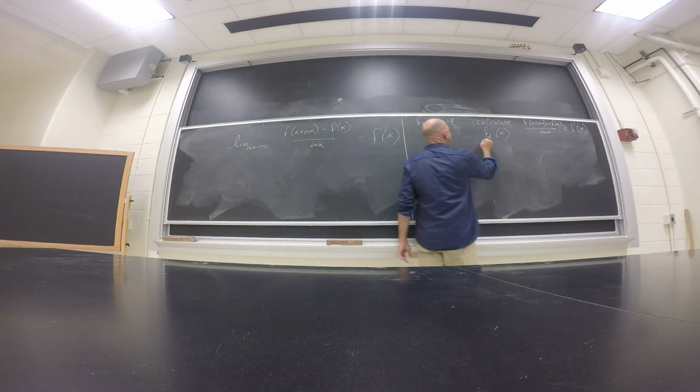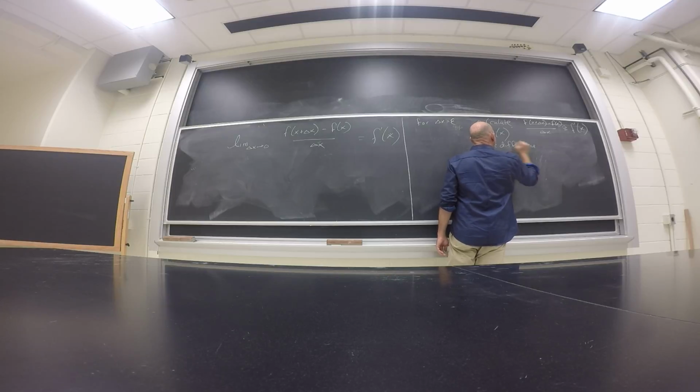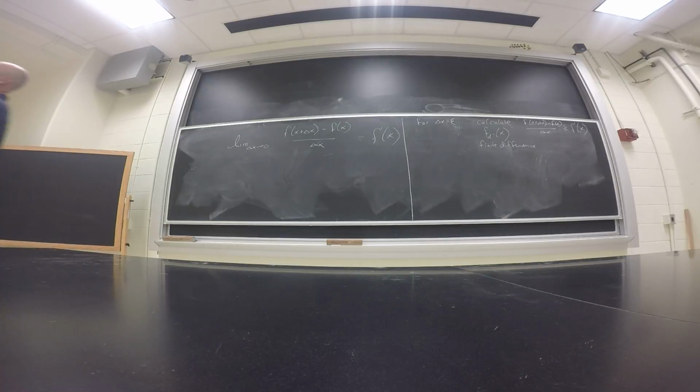This is called a finite difference because it's over a finite interval of space. Delta x is not 0, and we're not taking the limit as delta x goes to 0. We're simply saying, all right, delta x is sufficiently small that we can define a derivative.